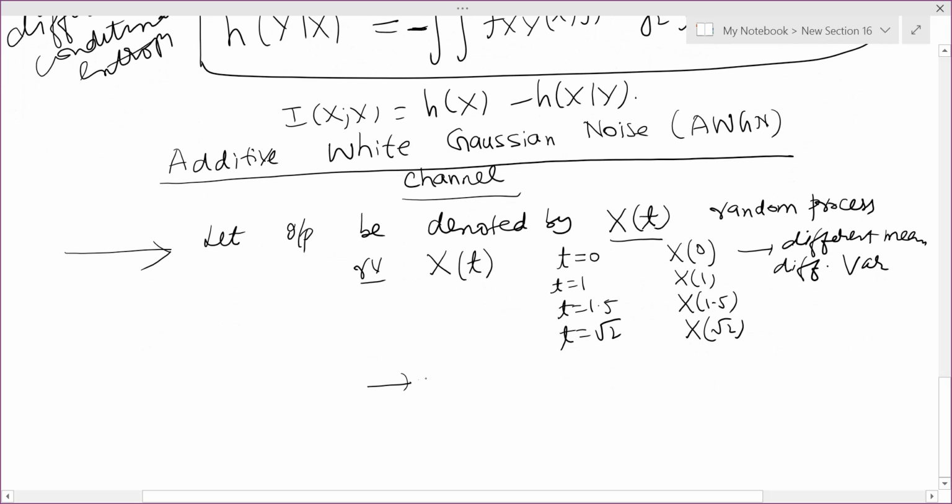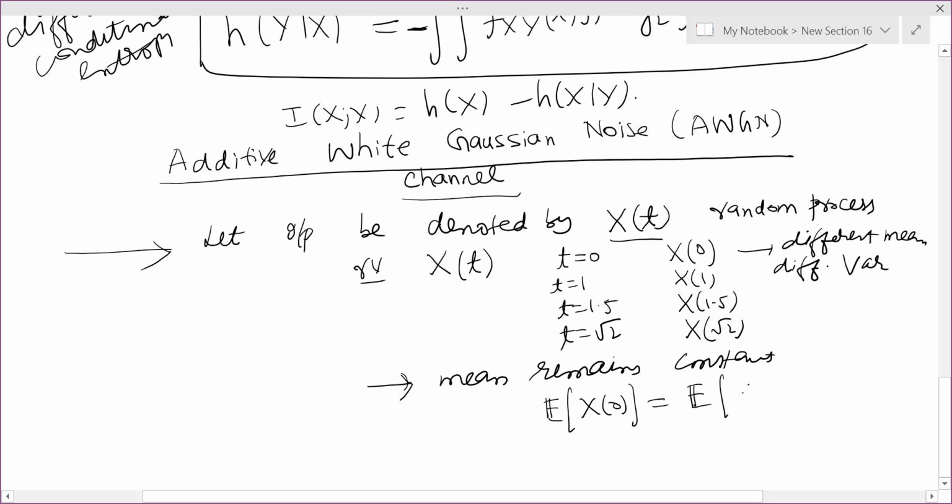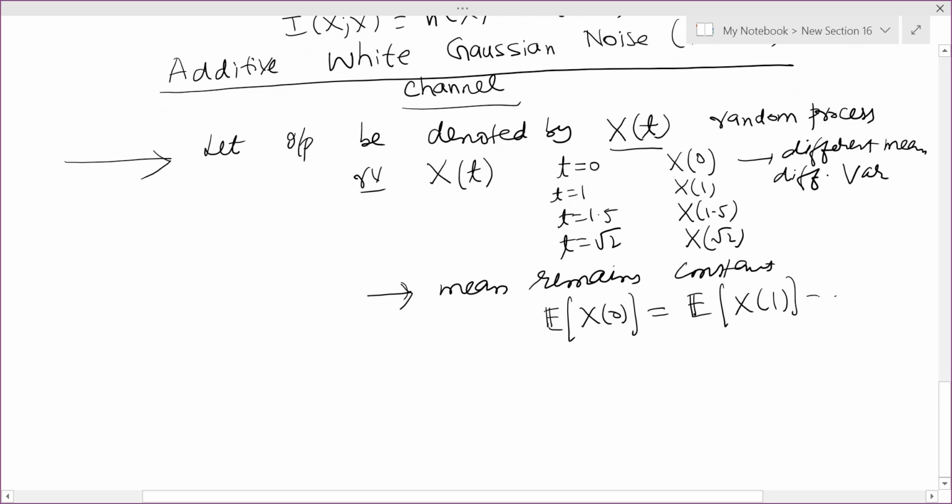But we take very simple processes where mean remains constant irrespective of time. So it means the expected value of this process at time t is equal to 0 is the same as the expected value of this process at time t is equal to 1, and so on and so forth. This is one simplicity.